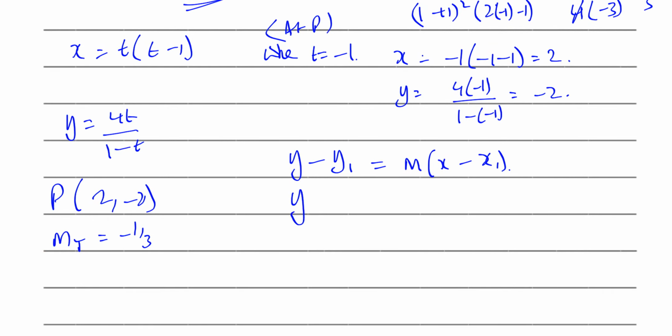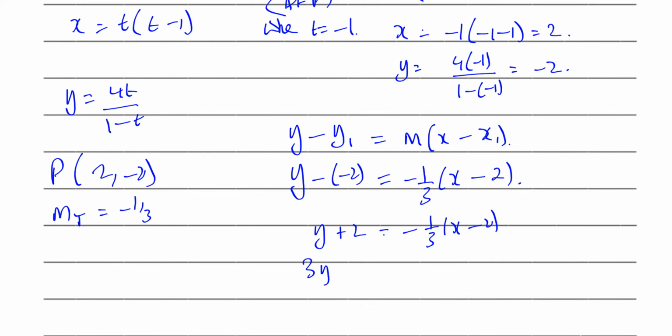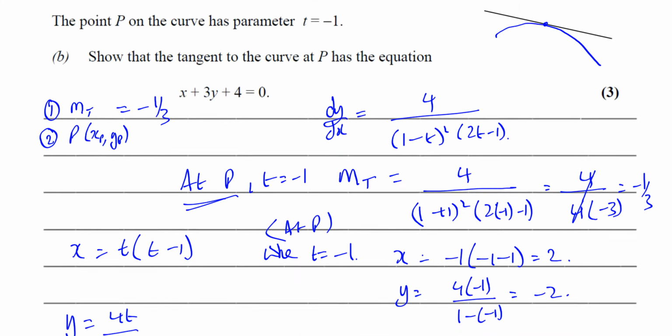So y minus minus 2 equals minus 1/3 times (x minus 2). You're left with y plus 2 equals minus 1/3 times (x minus 2). I'm going to multiply both sides by 3, giving 3y plus 6 equals minus x plus 2. Now we want to bring everything onto one side, and make the x positive.